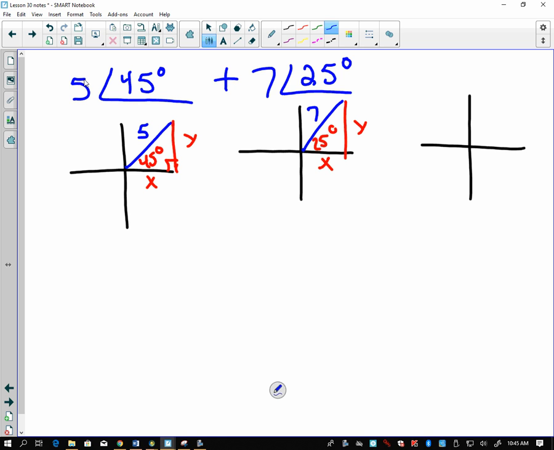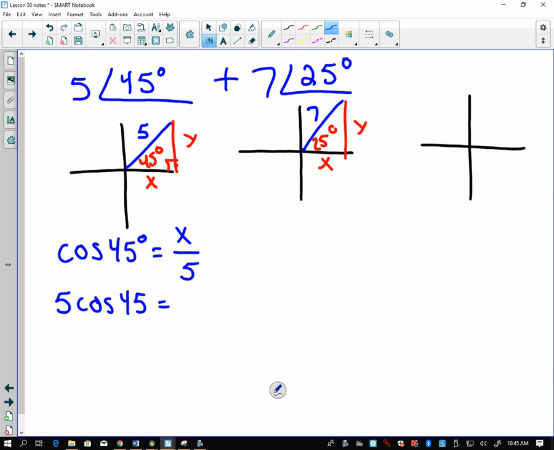So what we're saying here is cosine 45 degrees equals x over 5. Does that make sense? Right, that's how I would find x. So yes, your graphing calculator will find parts of this. What we're going to do is write 5 cosine 45, right?